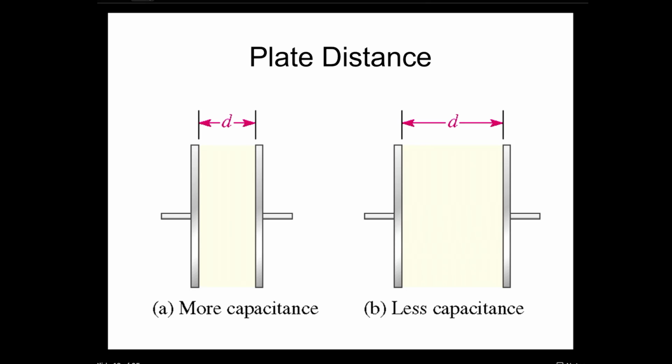So it is what it is, but we obviously have more capacitance from a smaller distance, right? Because don't forget, if we look back at that equation, we have smaller distance, more capacitance, wider distance, less capacitance, and that's that inverse relationship with distance between the plates.